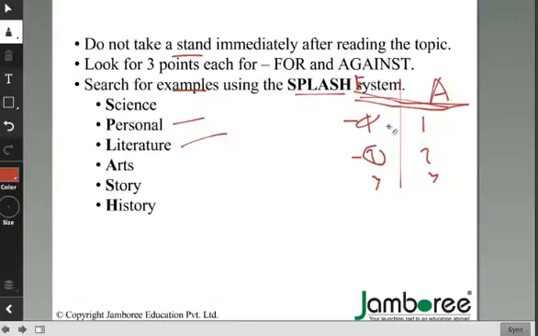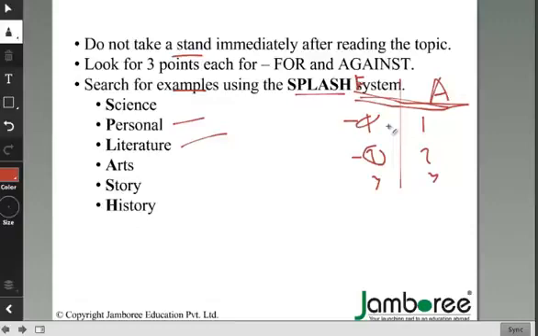Literature or arts means anything: movies, music, theater, any kind of arts. Maybe in literature you can talk about Shakespeare's play Macbeth. In Macbeth, Lady Macbeth was not honest, and she actually went through a lot of mental disorder.